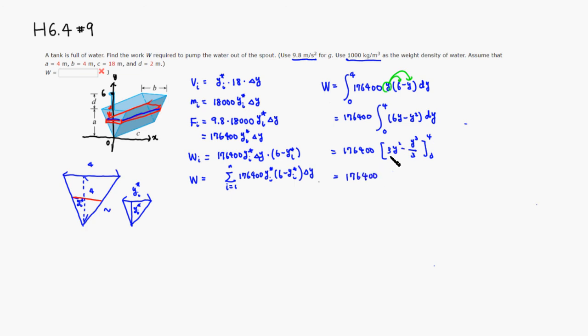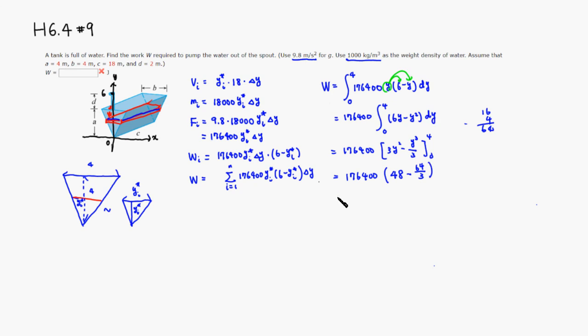So this is going to be 176400, and plugging in 4, you're gonna get, let's see, 4 squared, so 16. 16 times 3 is 48. Minus 4 cubed, which would be 16 times 4, 64, right? So minus 64 over 3.